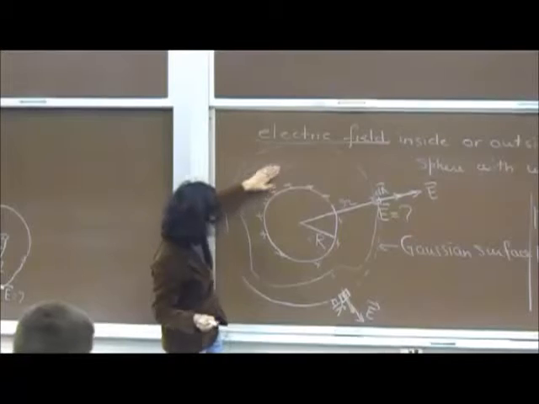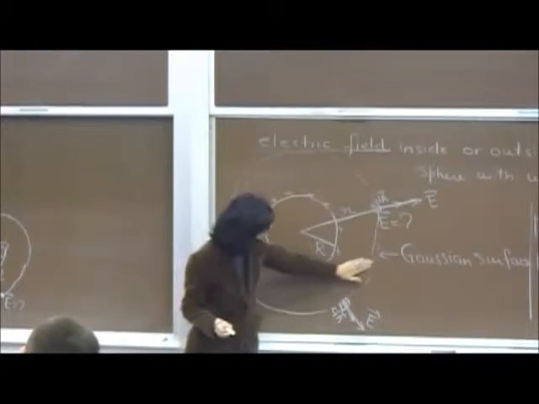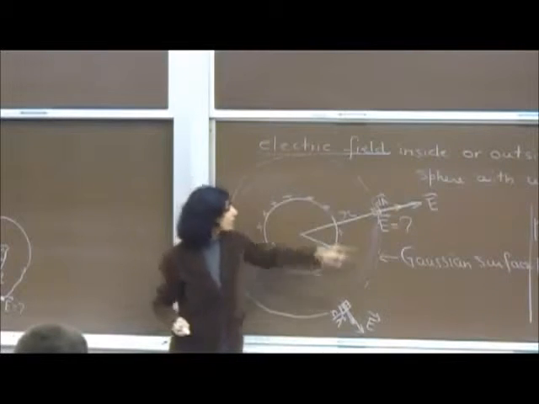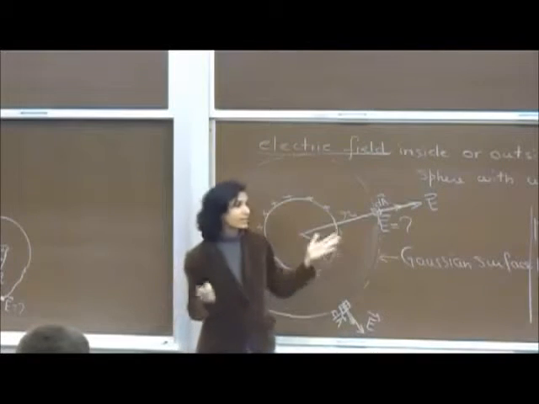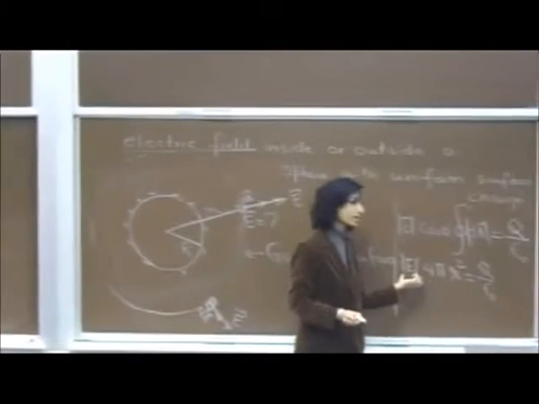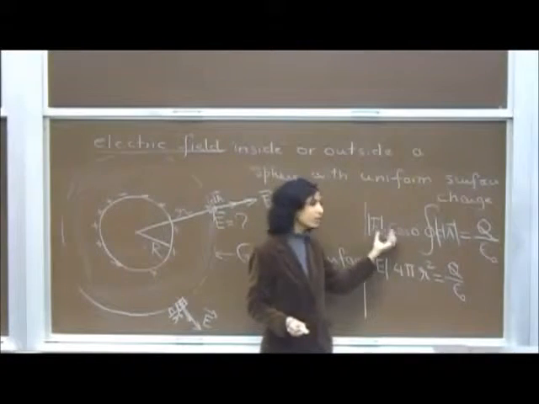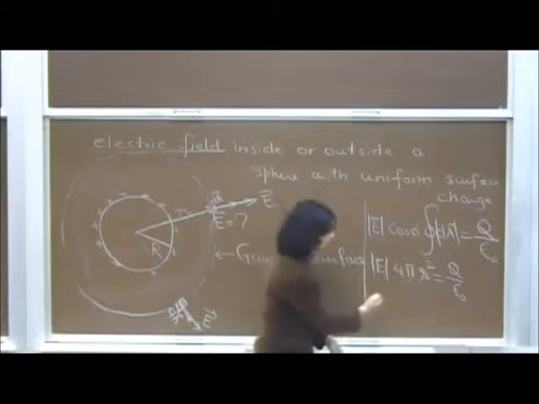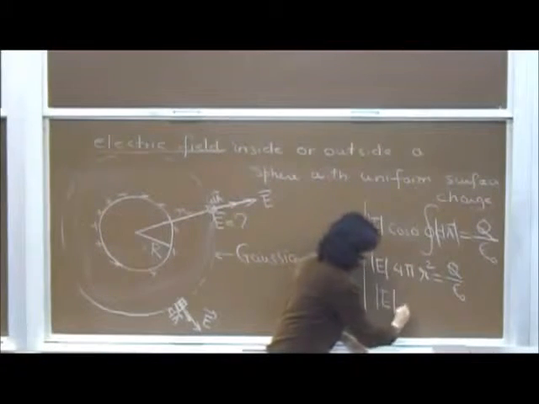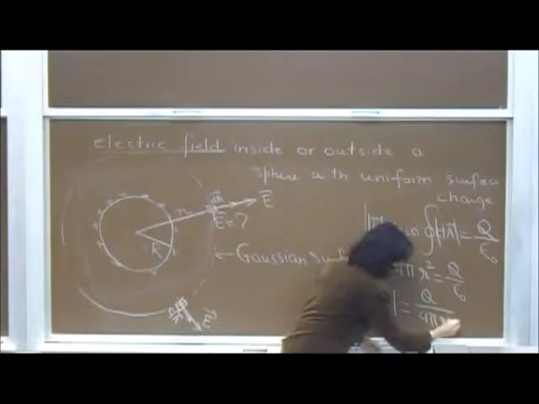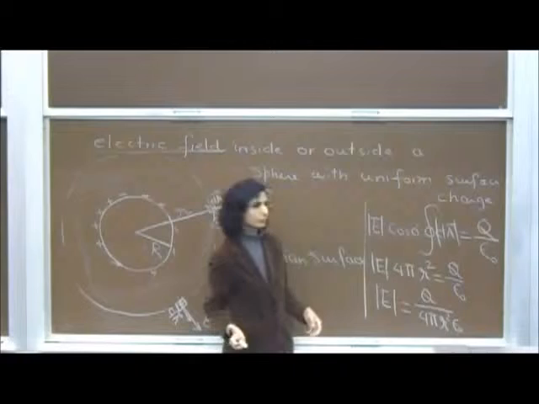So this surface is not a useful surface to choose to find the electric field due to this sphere of uniform charge, but a concentric sphere is useful, because then I can guarantee that the electric field magnitude is the same at every point. I can pull it out, I can guarantee the angle, pull it out, and we are left with electric field magnitude E equal to Q divided by 4 pi r square times epsilon 0.